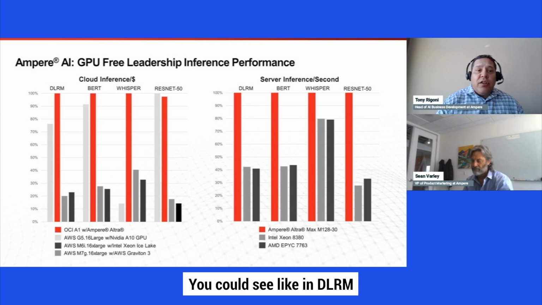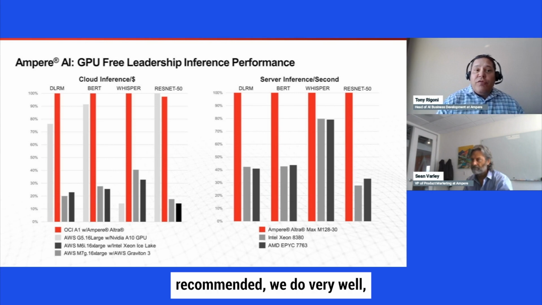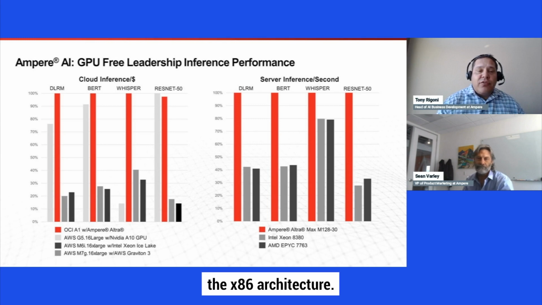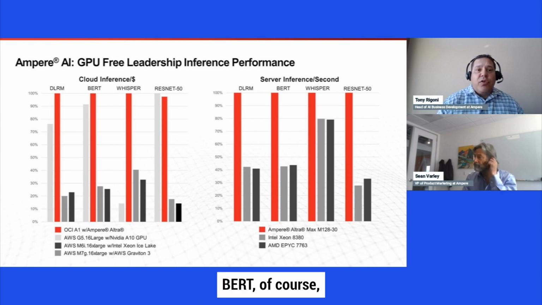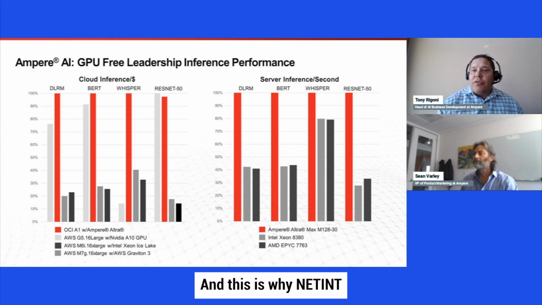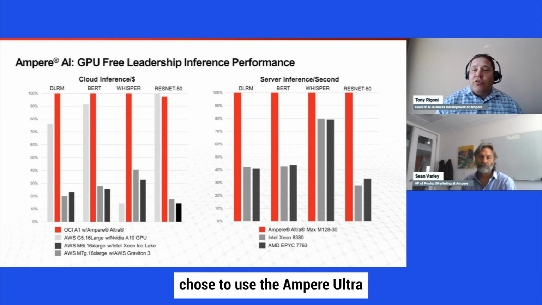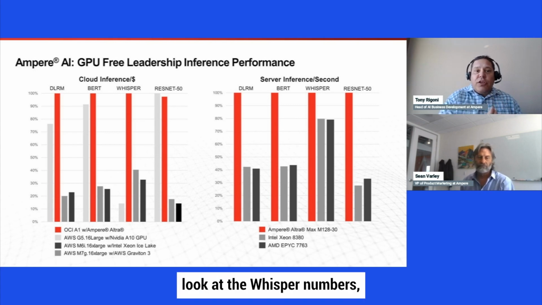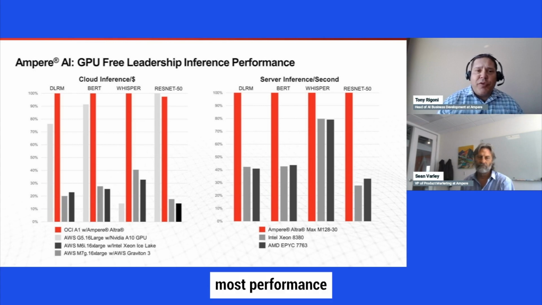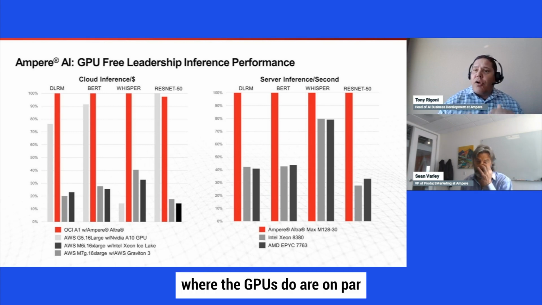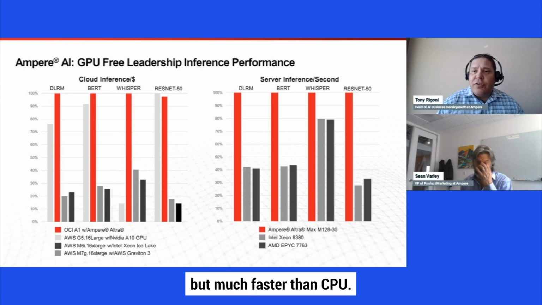In DLRM, recommender, we do very well, especially compared to the x86 architecture. BERT, of course, and Whisper, extremely well. This is why NetInt chose the Ampere Ultra, because if you look at the Whisper numbers, we outperform, with the most performance for the lowest cost. And of course, ResNet, which is computer vision, is where the GPUs are on par with where we're at, but much faster than CPU.